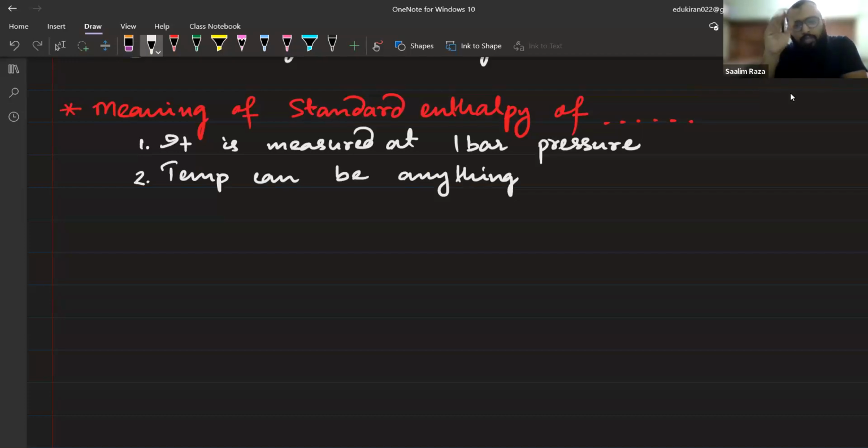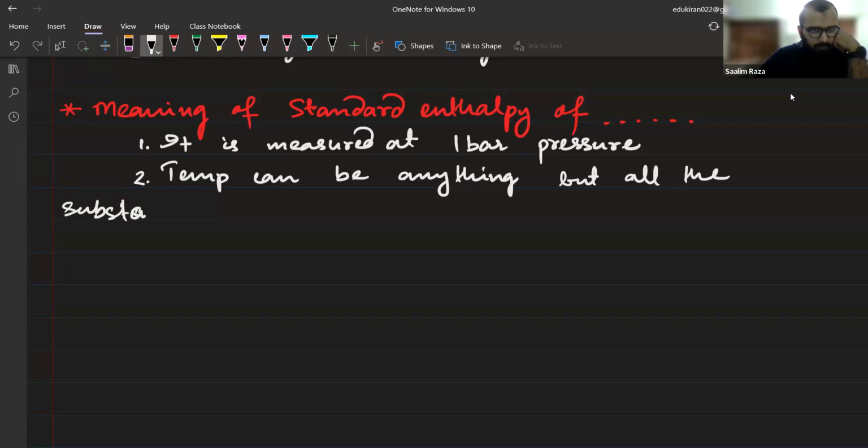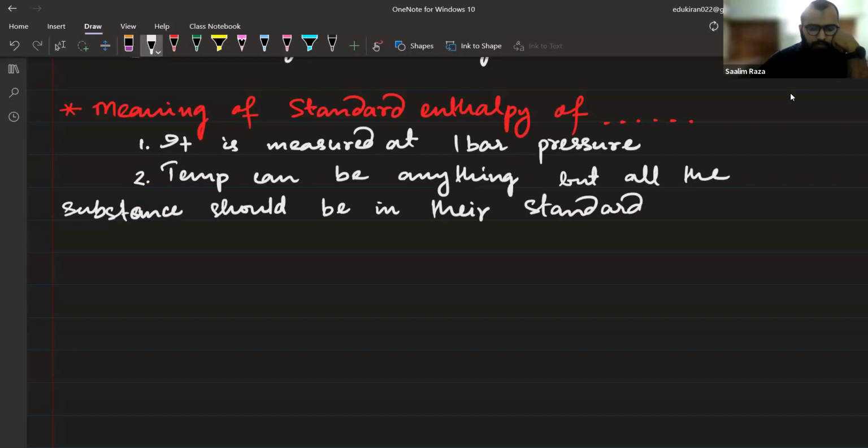That means it can have any value, but all the substances should be in their standard form at that temperature.